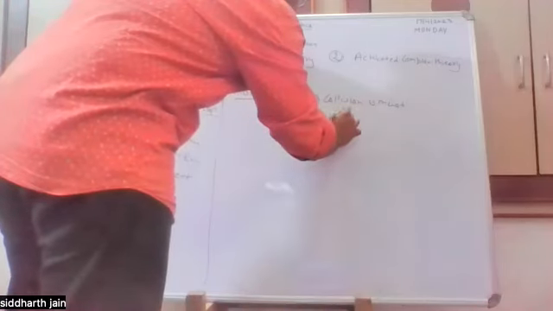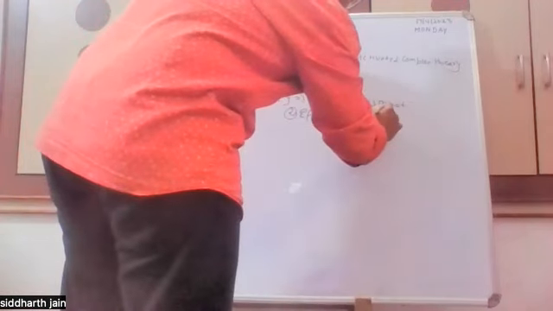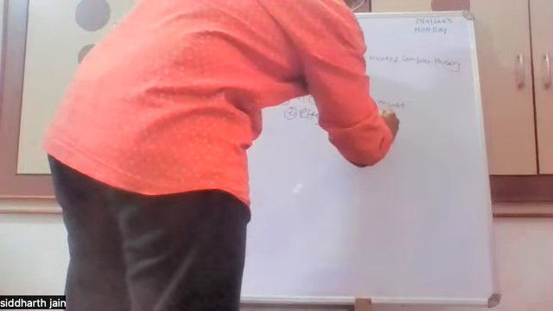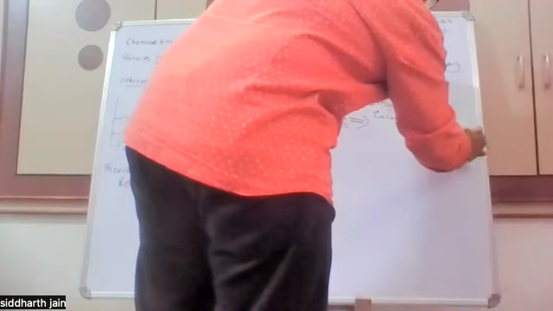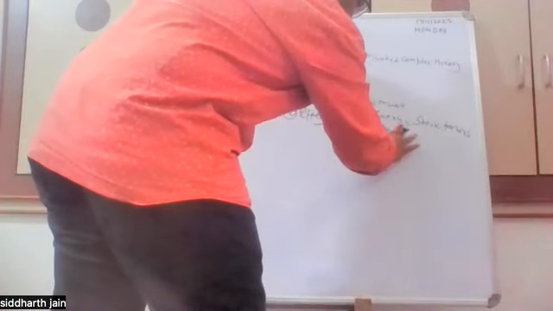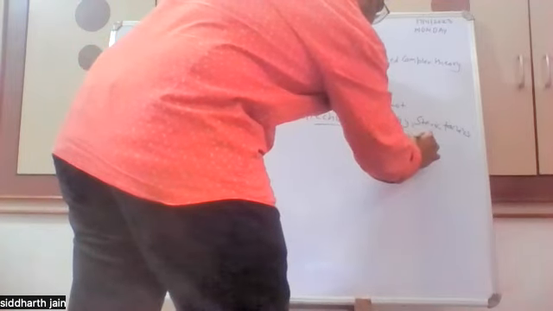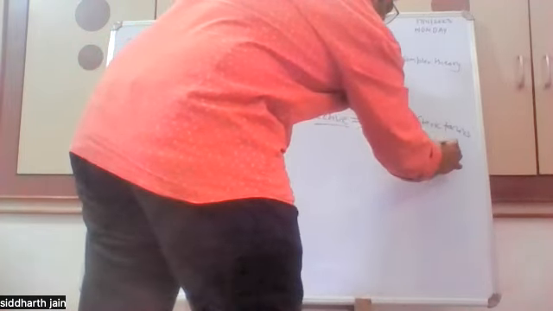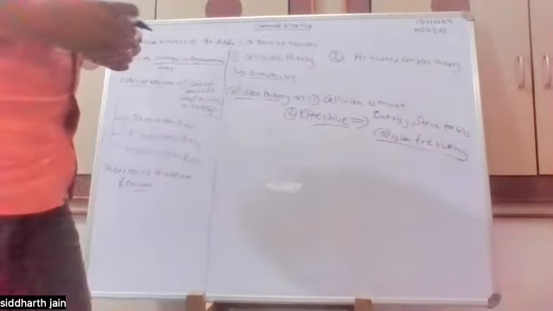Now, what is meant by this effective collision? It should have three things. First thing, it should have energy. Second thing, it should have steric factors. And third thing, it should have the collision number or collision frequency. So these are the three factors which will define the rate of the reaction.